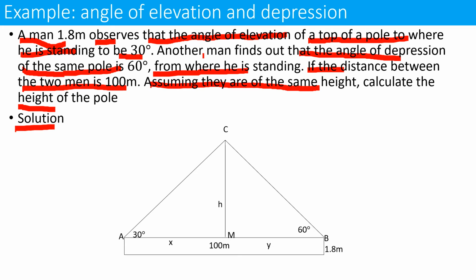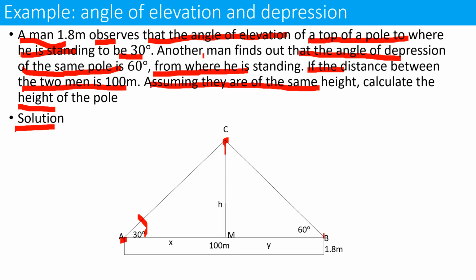The pole will represent the vertical distance, which is MC. The first man will be at A. The eye position will observe the top of the pole and make an angle of elevation of 30 degrees.